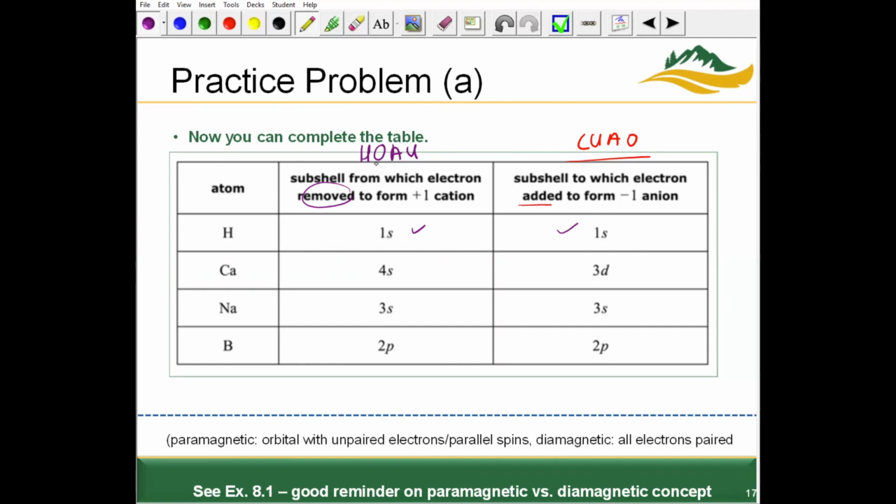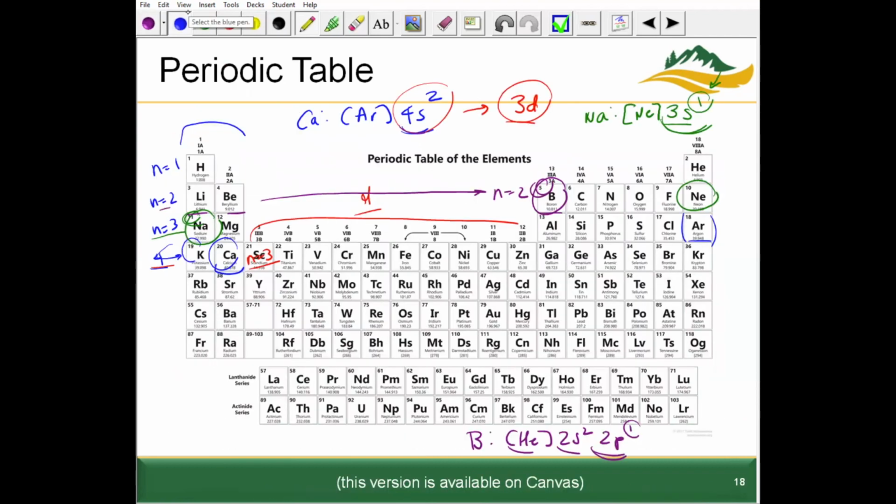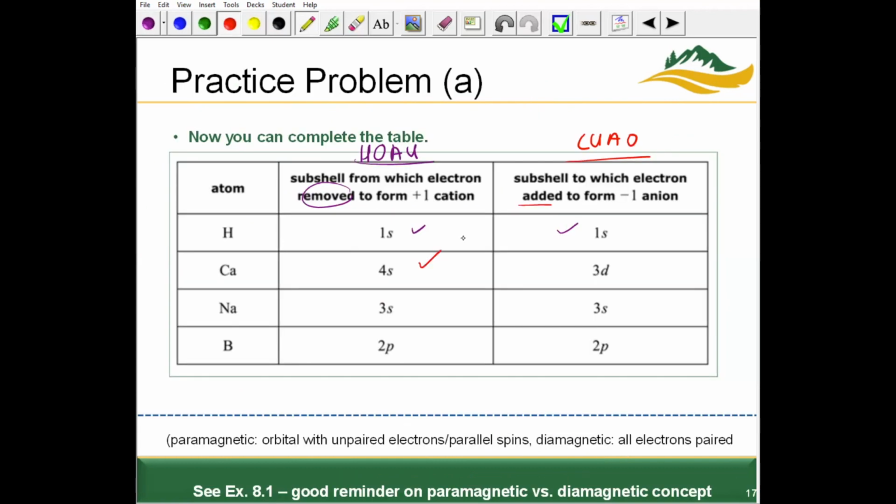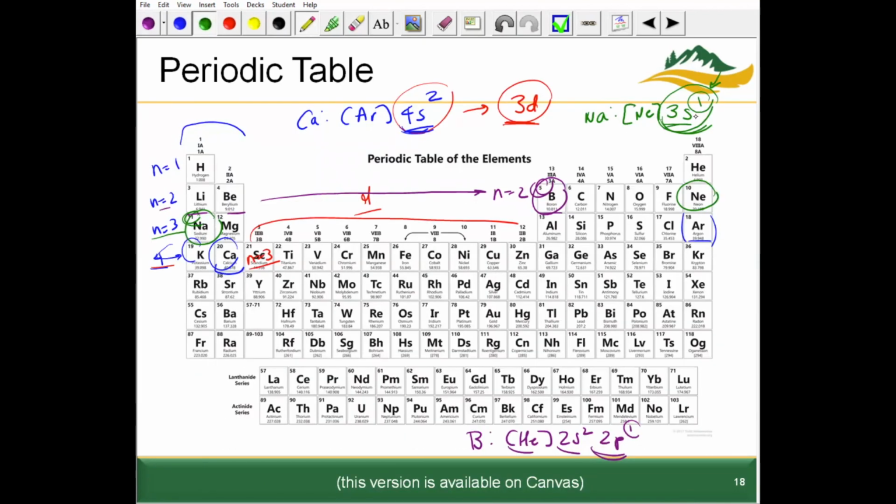For calcium, the highest occupied atomic orbital is the 4s subshell. Then the lowest unoccupied atomic orbital is 3d. So 4s and 3d. Then for sodium, this 3s subshell is both the highest occupied and lowest unoccupied because we haven't completely filled it, so we could add an electron here to then have this be 3s2.